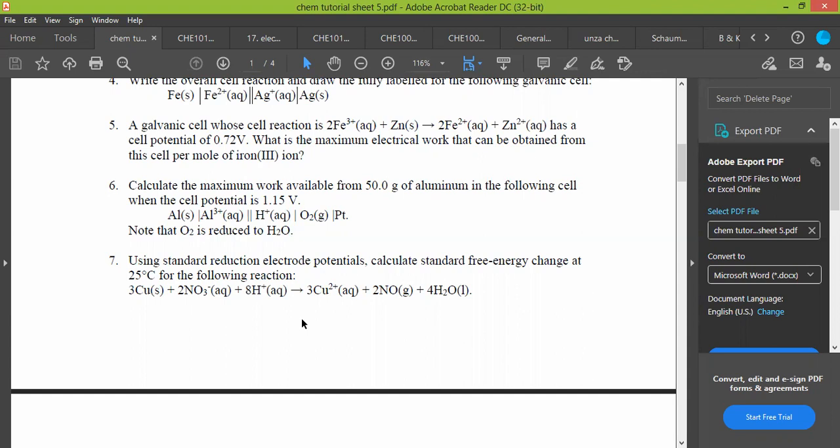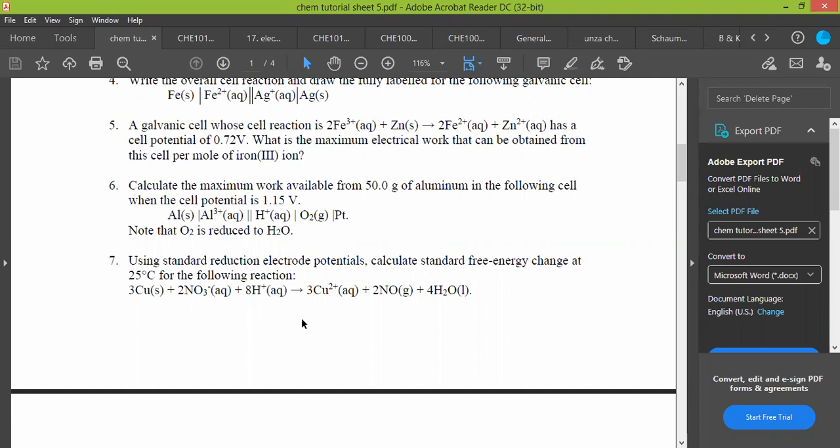Why 2 electrons? Because copper is going from an oxidation state of 0 to an oxidation state of +2. Okay, so that is what copper is doing.